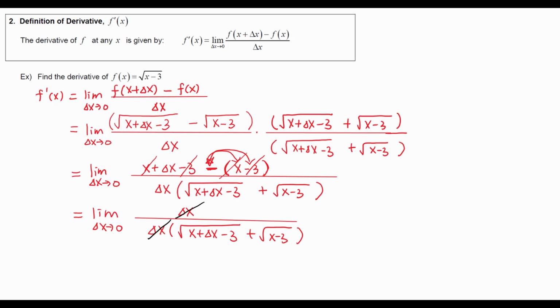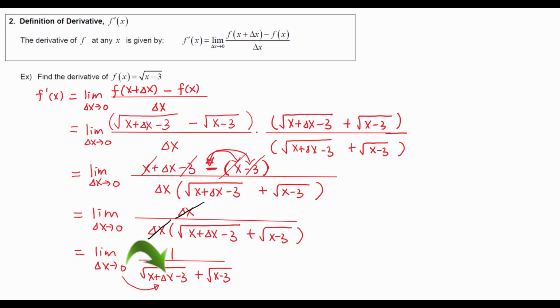So I would end up with the limit as delta x approaches 0 of, when delta x and delta x cancel out, what do you have on the numerator? Yes, you would have 1 on the numerator. So it's 1 over square root of x plus delta x minus 3 plus square root of x minus 3. So now you can plug 0 for delta x.